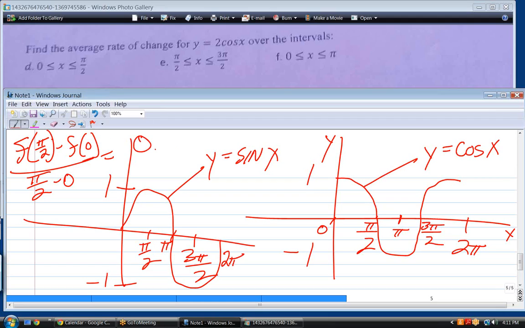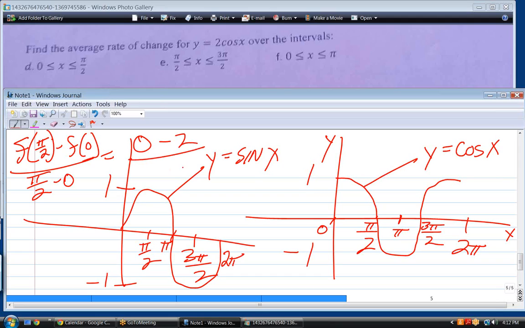What's f of 0 for the cosine curve? It's 2. In other words, the cosine of 0 is 1, but we're multiplying it by 2. Oh, it's 2 times 1. So it's minus 2. That's the numerator.